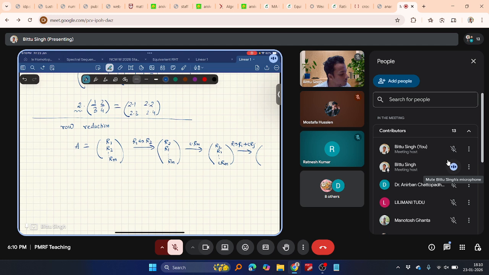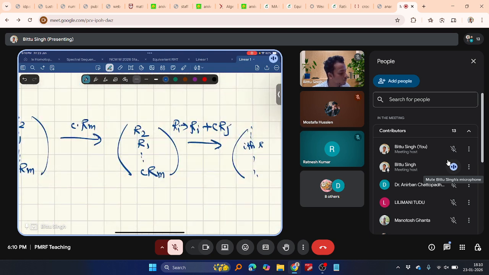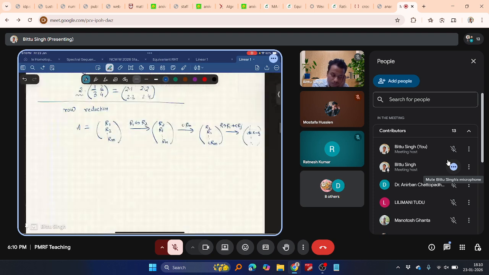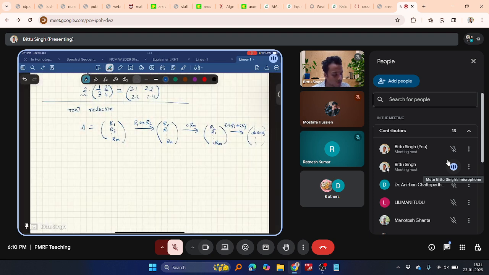So everything else will be fixed, but at the ith position, it becomes Ri plus C times Rj. So those are some row operations, and what will we do? We perform those kinds of operations, finitely many operations, and finally we get some matrix which is simpler.